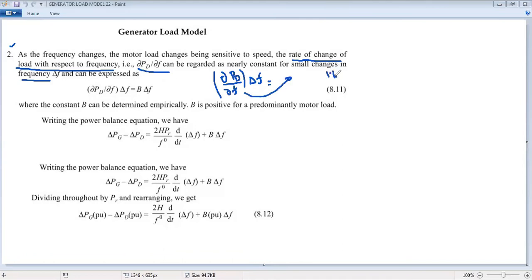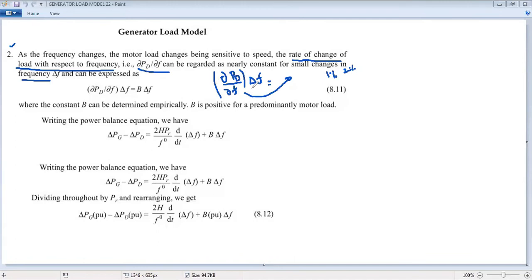That means if there is a 1% change in the frequency, the load change will be 1%. If it is 2%, that means if there is a change in the frequency by 2%, then the change in the load demand is 2%. Like that, we can assume the relation between these two.